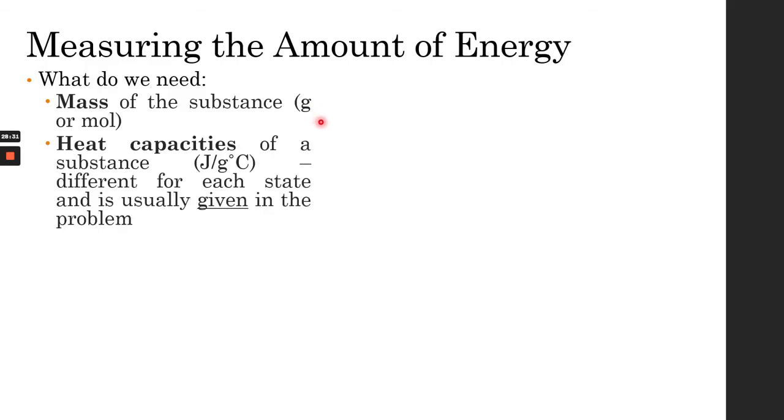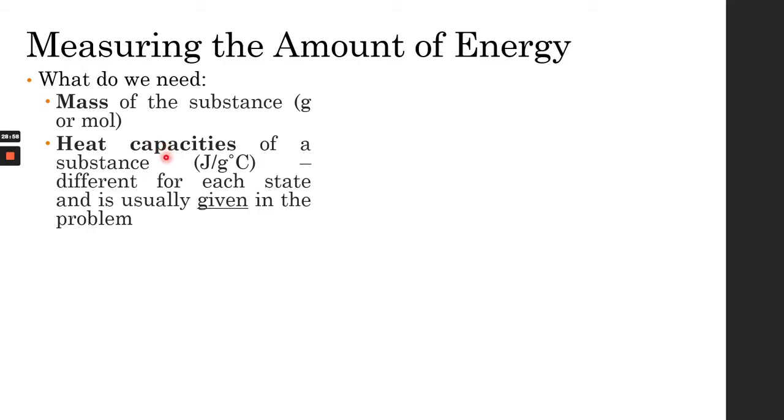We also need the heat capacities of a substance, and the units we use for heat capacity is joules per gram degrees Celsius, and they are different for each state. So meaning if you have water, the heat capacity of water when it's solid is different from when it's liquid, and it's also different from when it's gas.